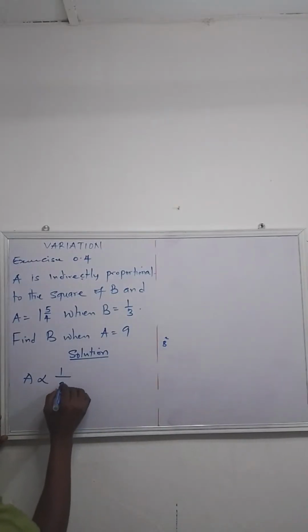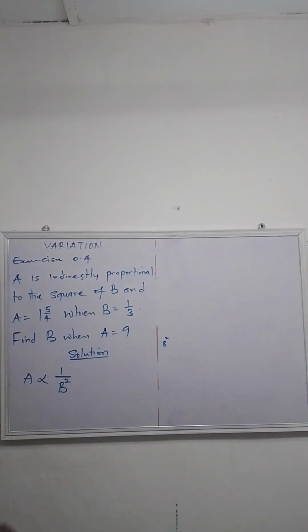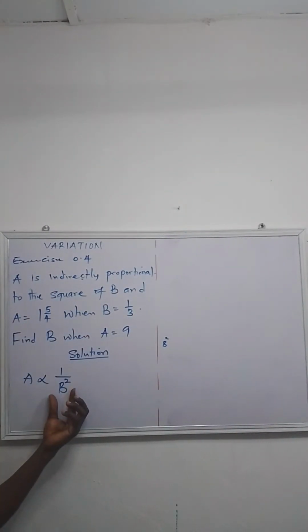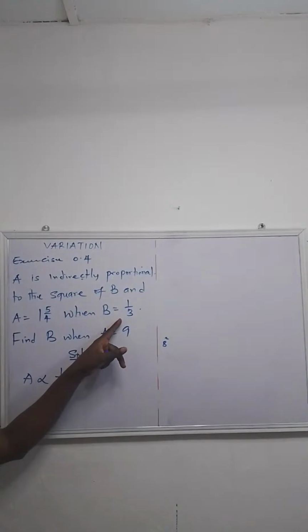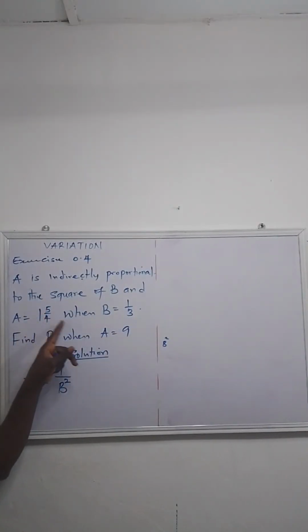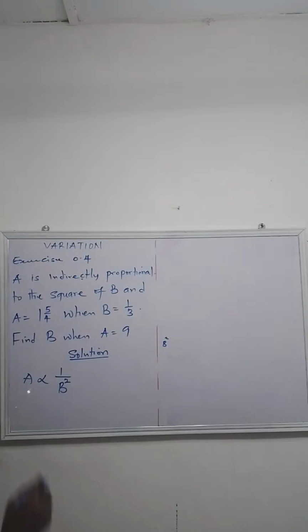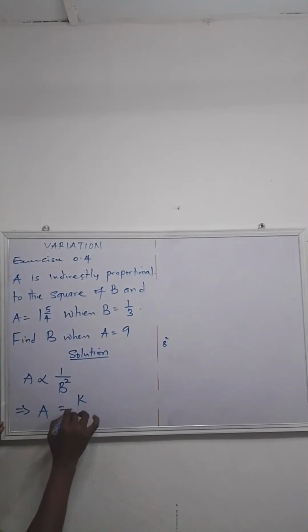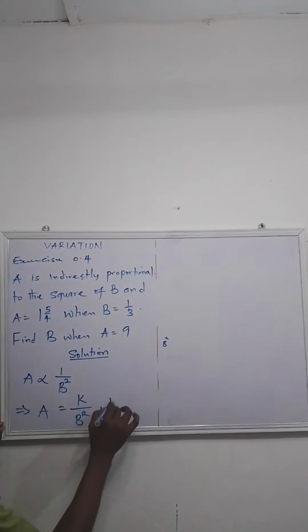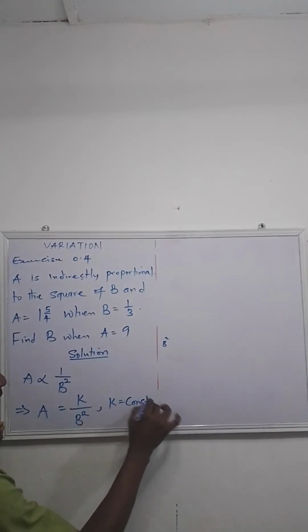A is 1 whole number 5 over 4 and B is 1 over 3. But before then, let's change this to an equation. It implies A equals K over B squared, where K is a constant.